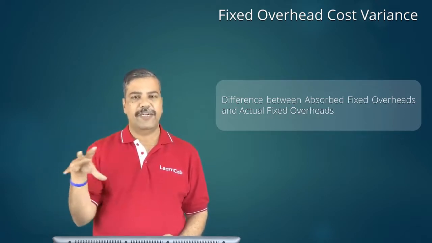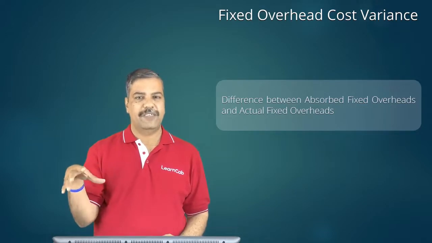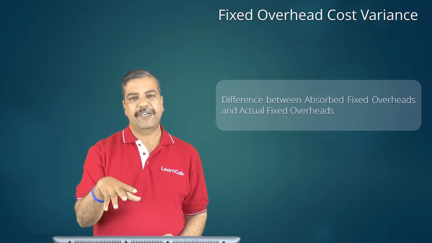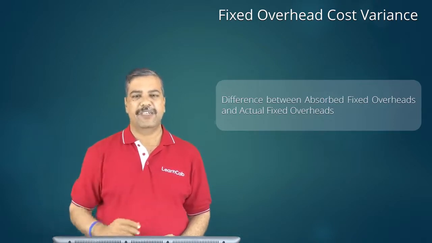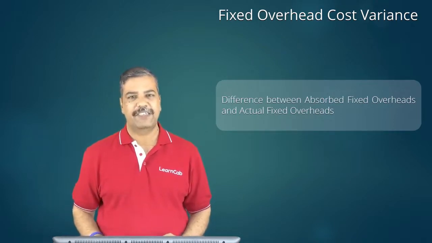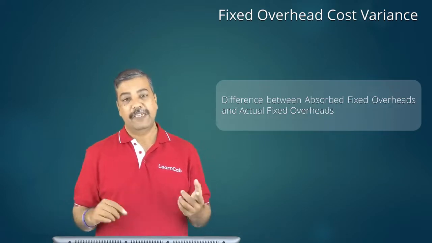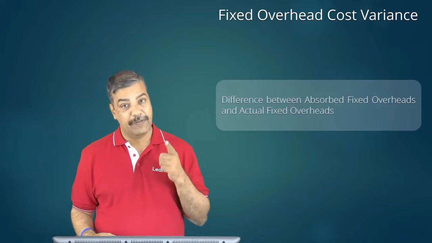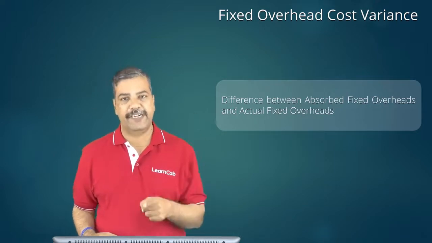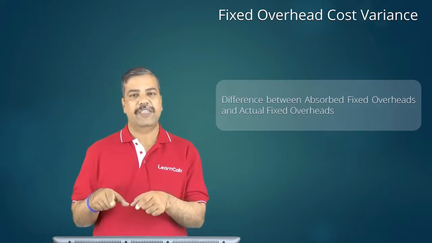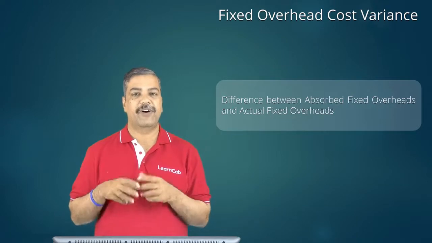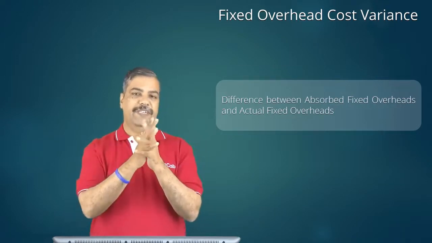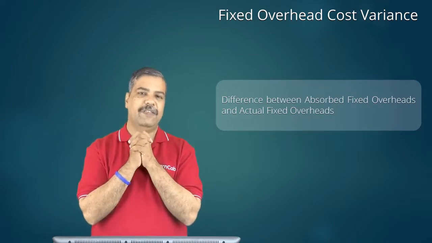There is no point in absorbing 10,000 rupees fixed cost which you pay for 40,000 capacity, and if you are operating at 20,000 capacity, again charging 10,000. That's not the way. Recovery rates are something different. Costs are recovered at an absorption rate. That's very important. So at what rate the fixed cost is absorbed, and what is the actual fixed cost, that is important.